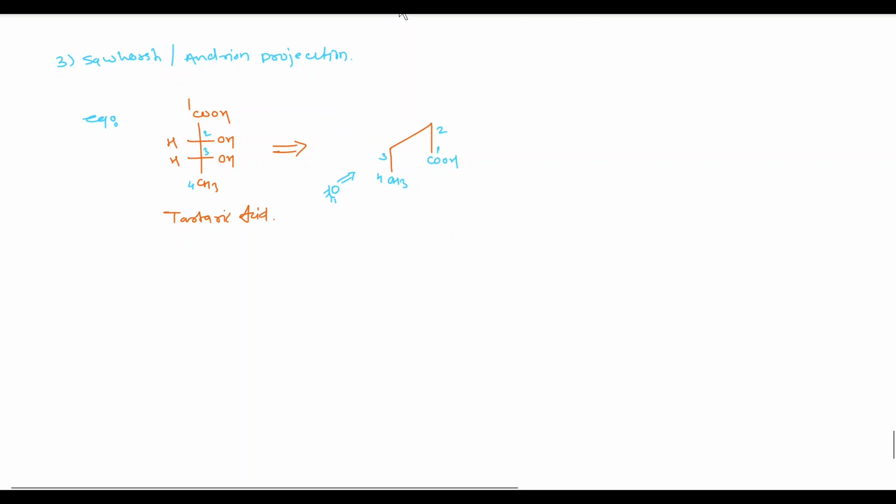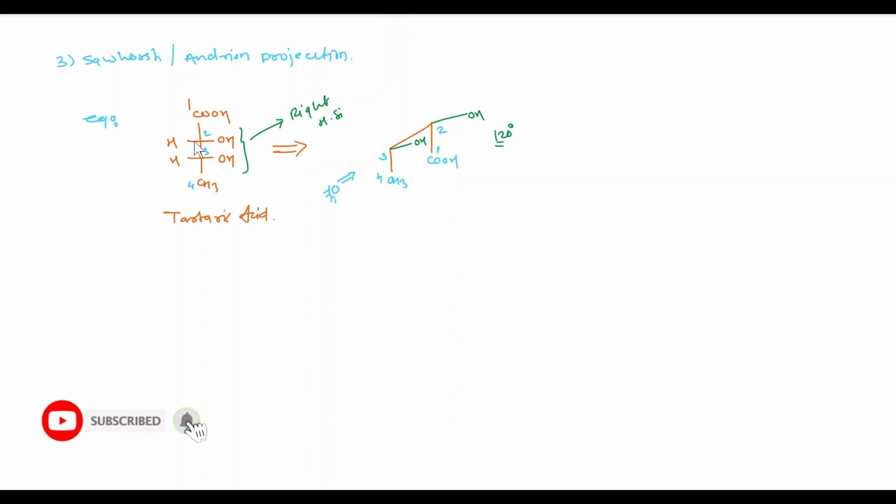But during writing we have to keep in mind that the substituent which is on the right hand side in the Fischer projection formula we have to write on the right hand side in the Sawhorse formula, that is here and here. The angle between these two substituents is 120. That means the angle between the CHO group and hydroxy group is 120. Similarly, the angle between these two substituents is also 120.